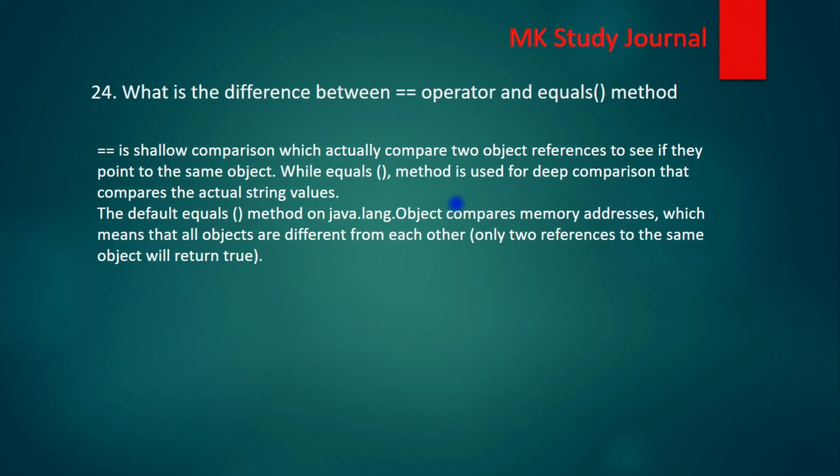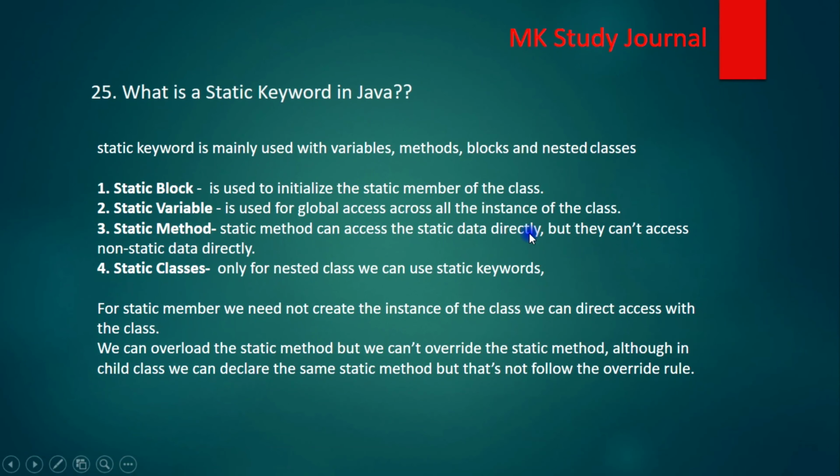But in the default Object class, equals is also using the reference to compare. Here you can see the default equals method of java.lang.Object compares memory addresses, which means all objects are different from each other. So that's about the equals operator and equals method.